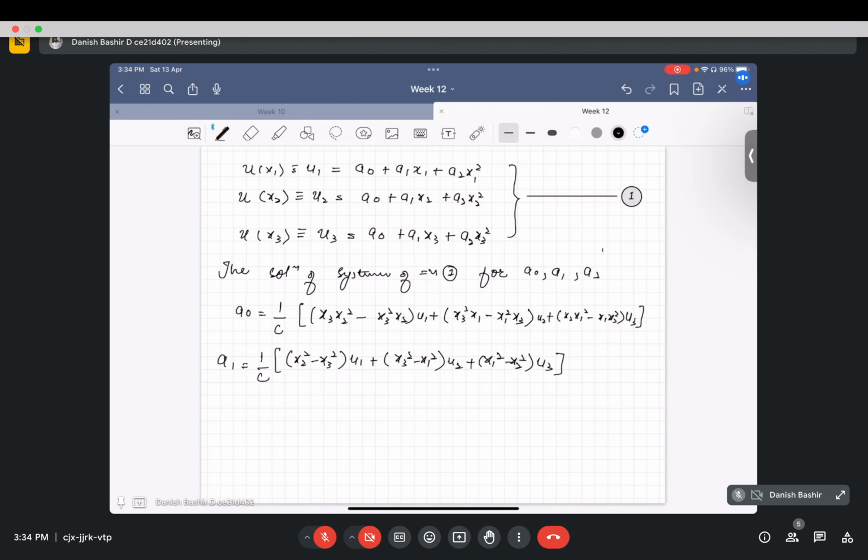You have to close the bracket. And similarly, a2 is equal to 1 by c times (x2 minus x3) times u1 plus (x3 minus x1) times u2 plus (x1 minus x2) times u3, and close the bracket.